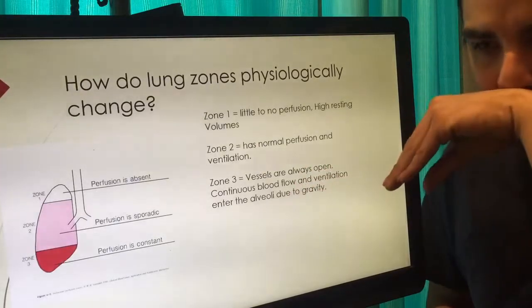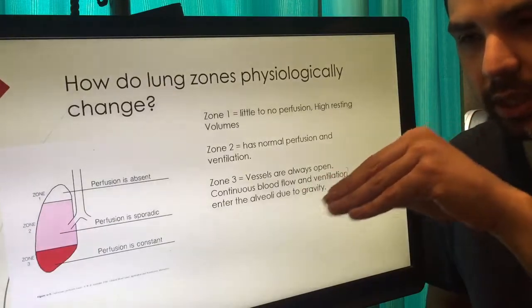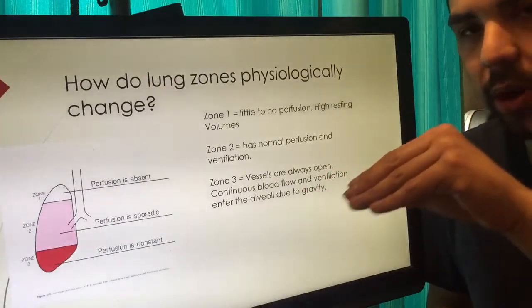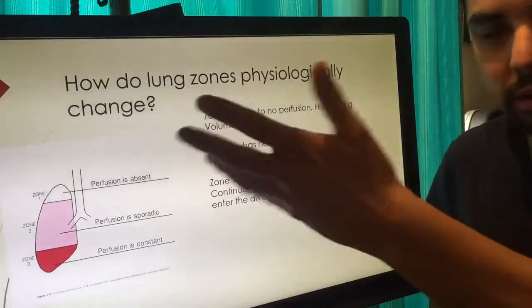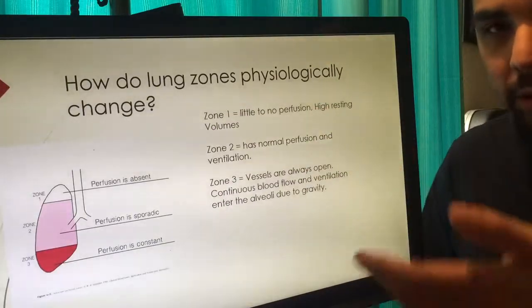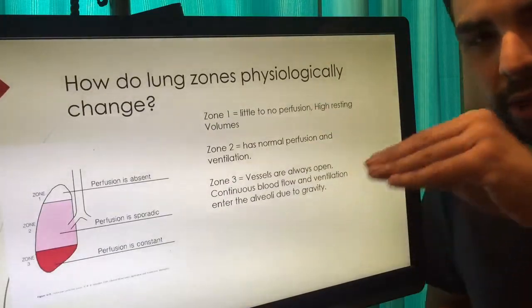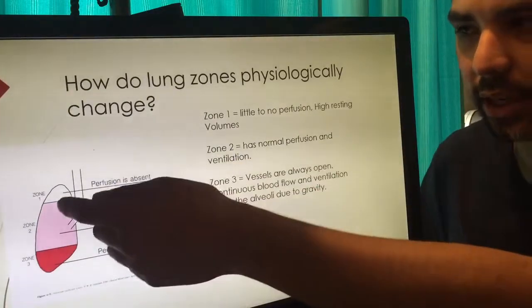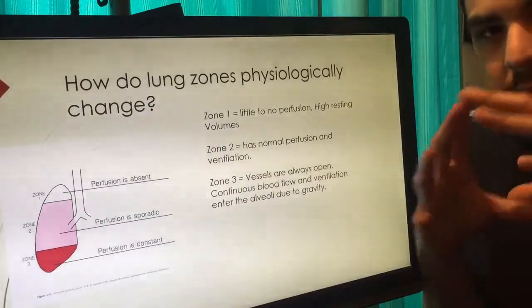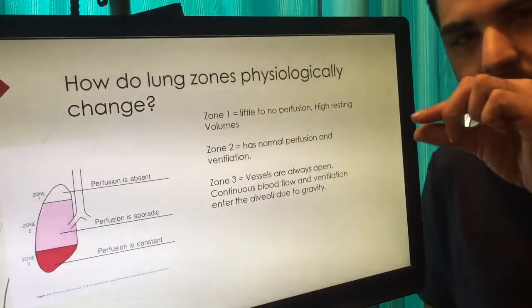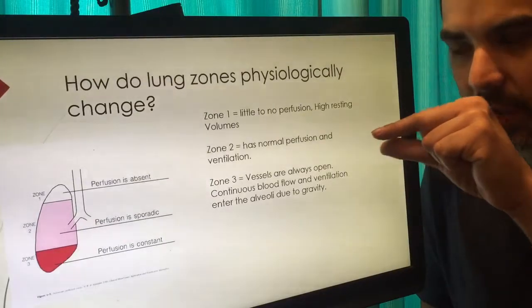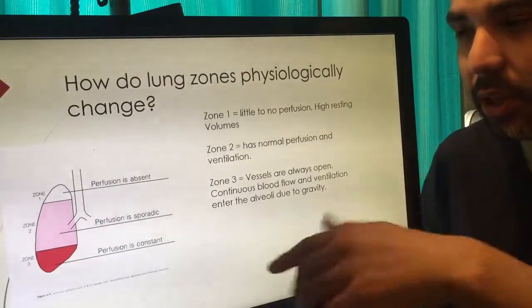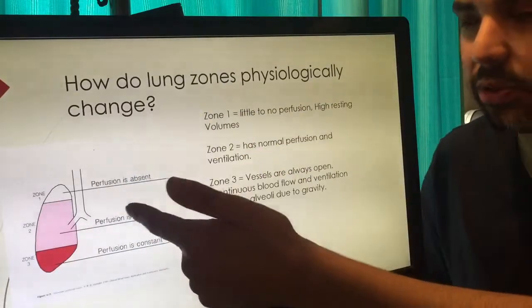So venous blood is not going to go in there as much. Arterial and venous pressure is not going to be as great as alveolar pressure. Alveolar pressure is going to be big, and it's just going to pinch that capillary from receiving any blood flow. So there's more ventilation but less perfusion.